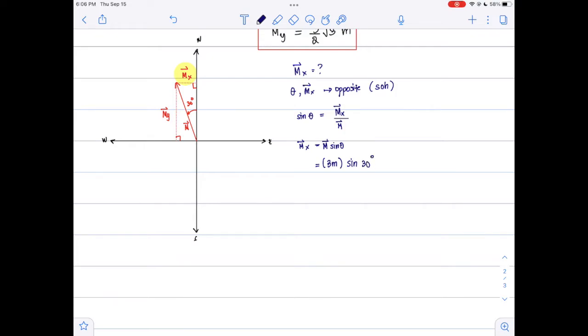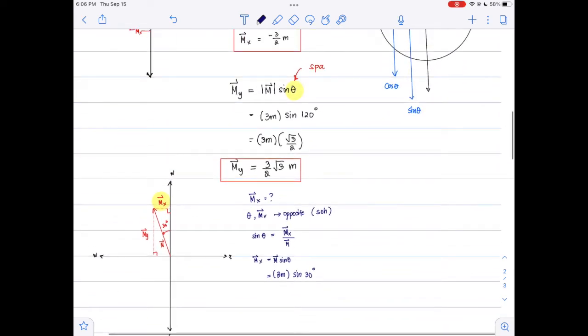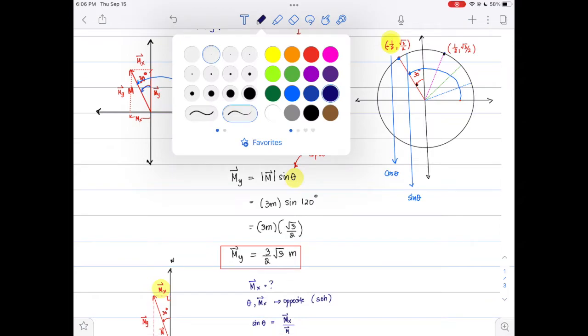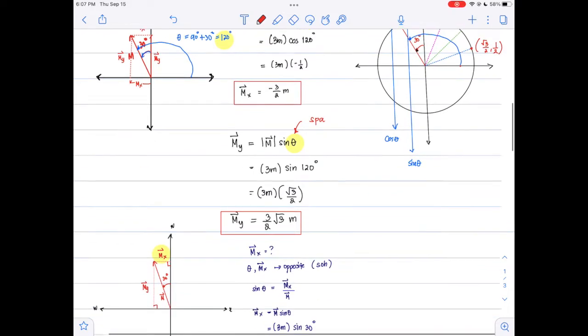If you remember from our class, the sine of 30 is the reverse of your cosine 60, or the reverse of the ordered pairs of your 60, so you have square root of 3 over 2 and 1/2. You should master this, because we have no calculator.